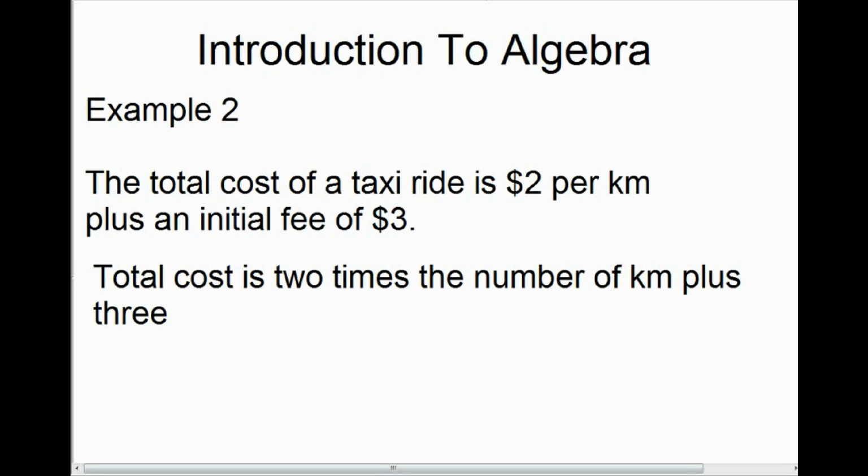So for example, if we go, say, 5 kilometers in the taxi ride, we have to multiply 2 times 5 because we're charged $2 per kilometer, and then we have to add 3 because we started off with that $3. Following order of operations, we have to do multiplication first. So for the kilometers, we were charged $10 plus that initial fee of $3. Our total cost is $13. So if we go 5 kilometers, our total cost is $13.